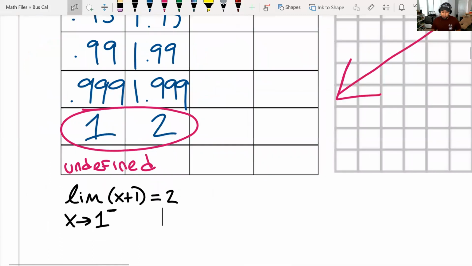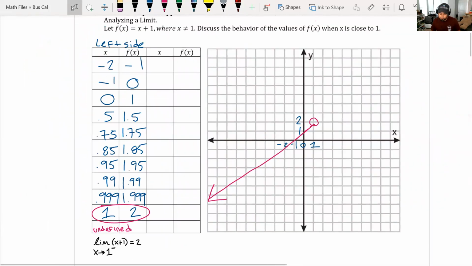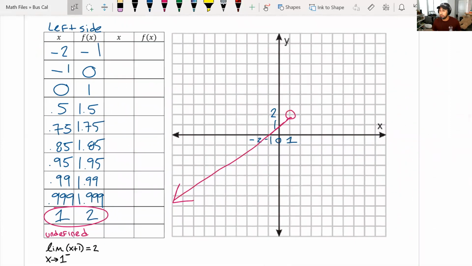Okay. So that is a limit from the left. Now let's look at a limit from the right side. So what does it mean to approach a number from the right? This means you use all the numbers bigger than it.